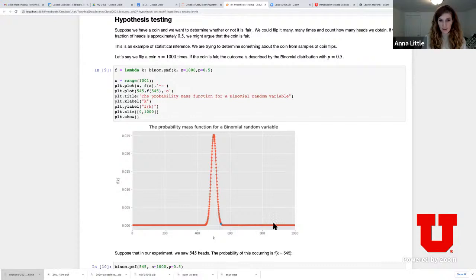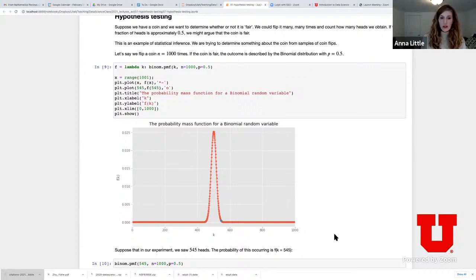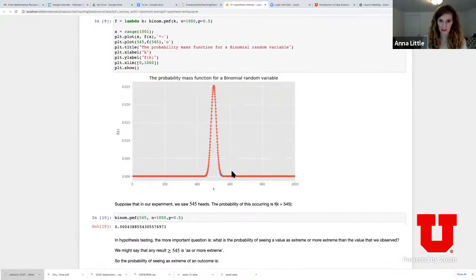You see this plot here. And then we're also adding a single data point here at 545, because let's assume that when we do our experiment, we end up with 545 heads. So that corresponds to this blue dot right here.